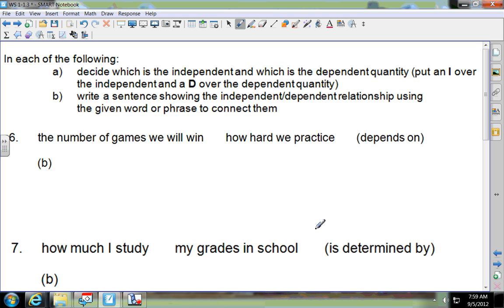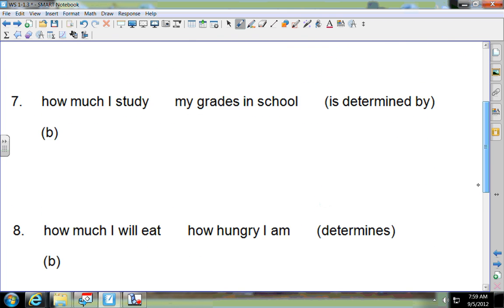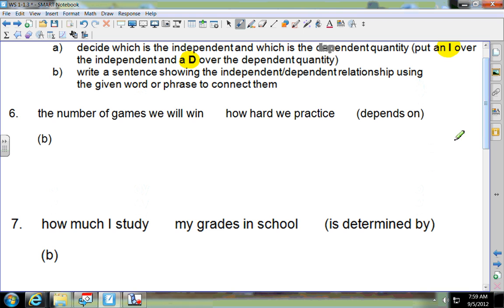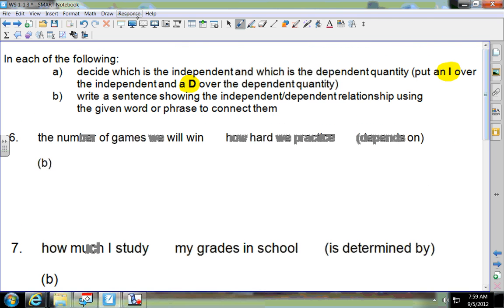It says in each of the following, decide which is the independent and dependent quantity. Put an I over the independent and a D over the dependent. Then write a sentence showing the relationship using the phrase that it gives to you right here. So the first thing I want you to do, for example, let's look at number 6 first.